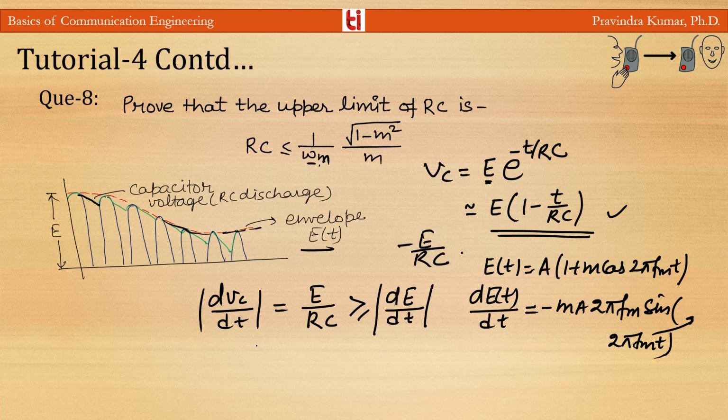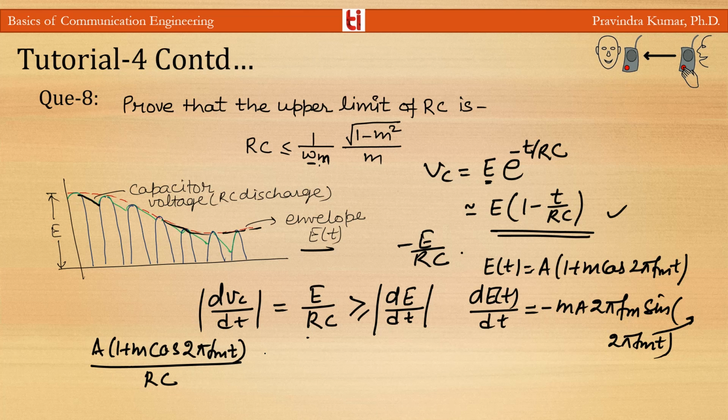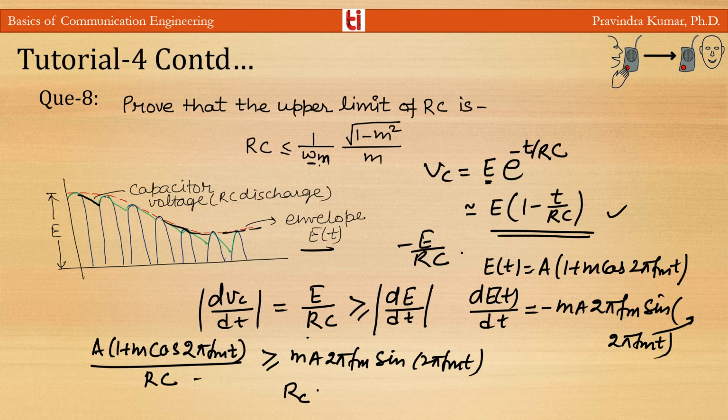So we can write A(1 + m cos 2πf_m t)/RC is greater than or equal to mA 2πf_m sin 2πf_m t. From here, RC is less than or equal to (1 + m cos 2πf_m t) divided by m 2πf_m sin 2πf_m t.